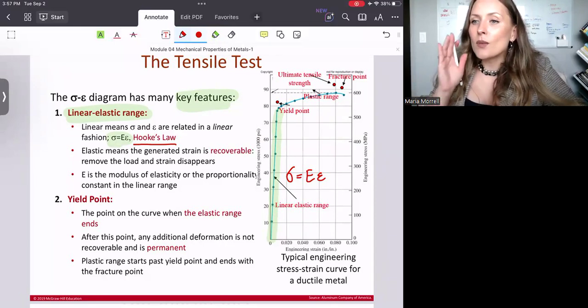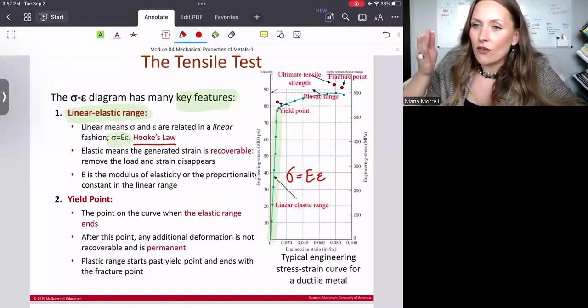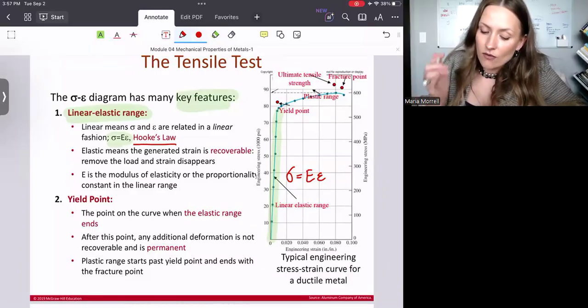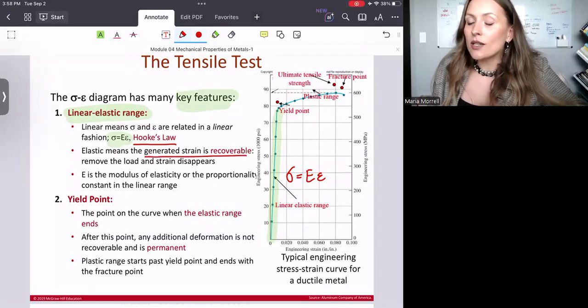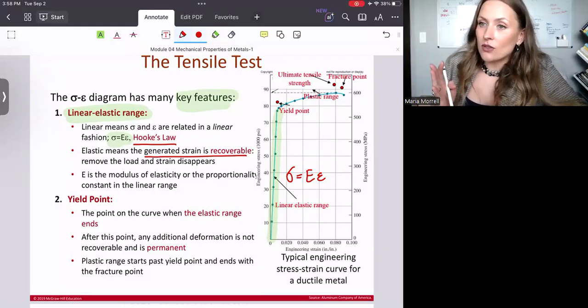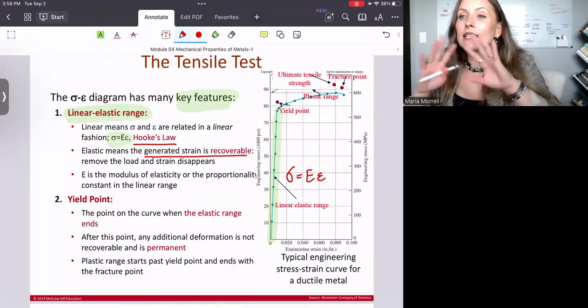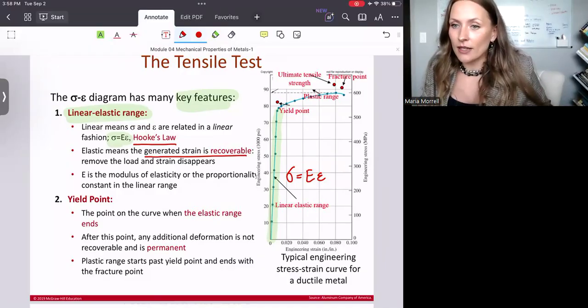Okay, the most important thing that we need to keep in mind about this linear elastic range is that in this range, the generated strain is recoverable. What it means is that if I remove the stress, the material will get back to its original position, right? Like nothing has happened to the material. There are going to be no bonds broken or anything like that.